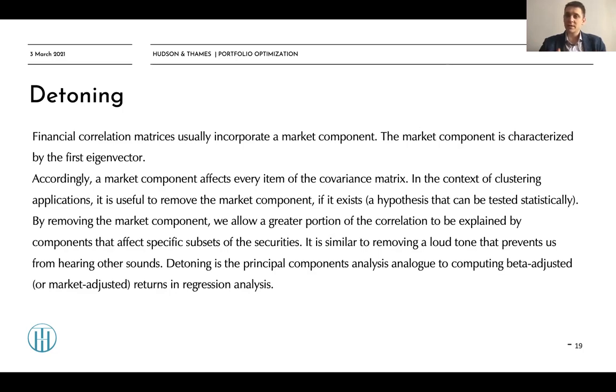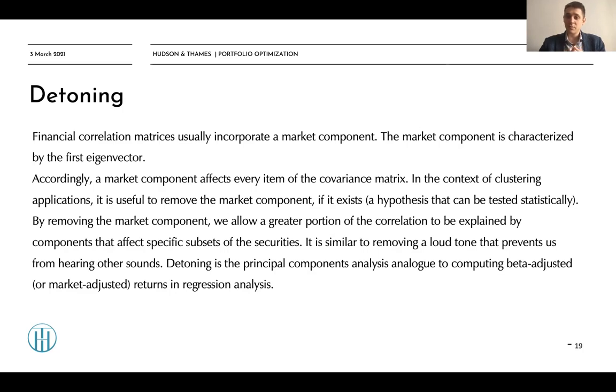So that's why we need to extract this first eigenvector and this market component out of the covariance matrix to get a better understanding of how specific subsets of securities are clustered. And that's actually called detoning.